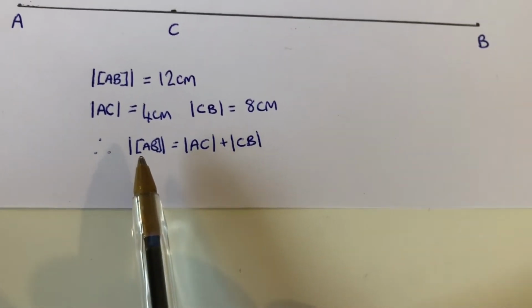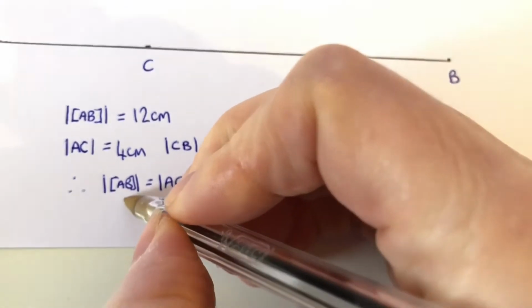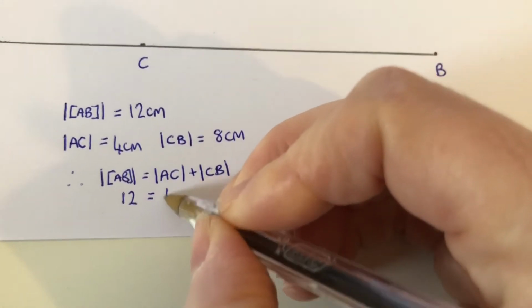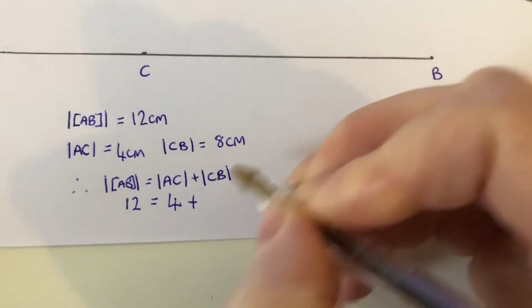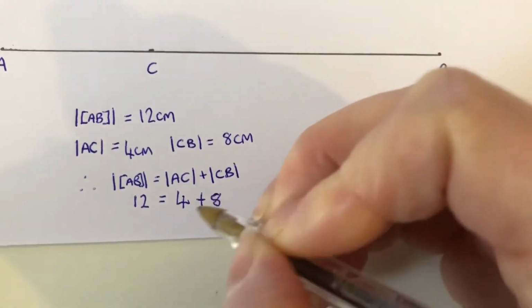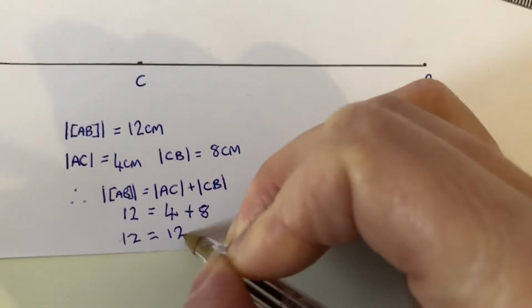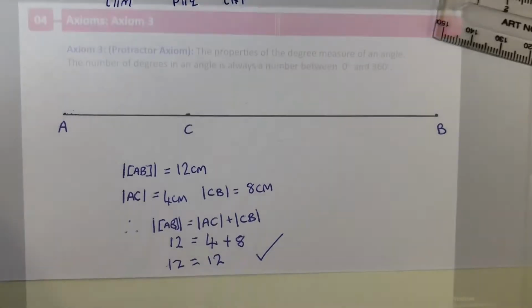If we're correct, then the distance between A and B, which we know is 12, will equal the distance between A and C, which we've just calculated is 4, plus the distance between C and B, 8. Well, 4 plus 8 is 12. We've just shown that axiom 2 is correct.